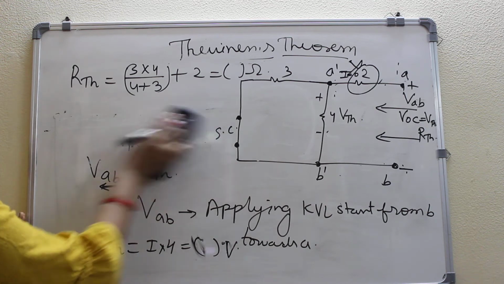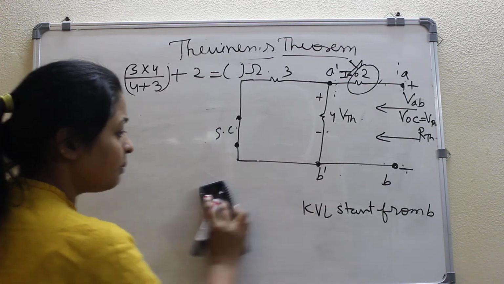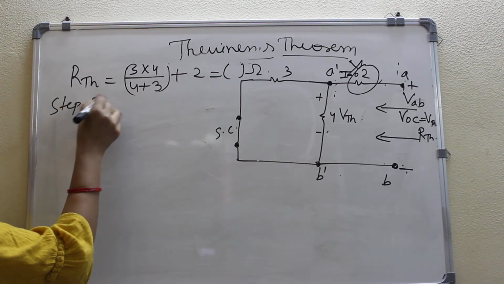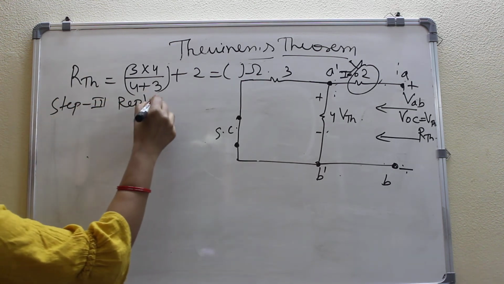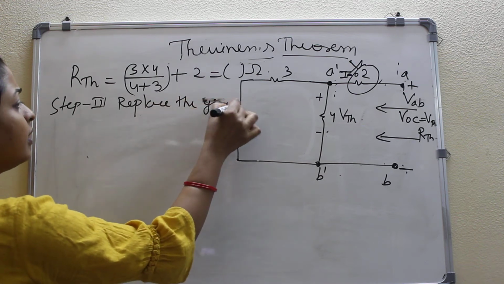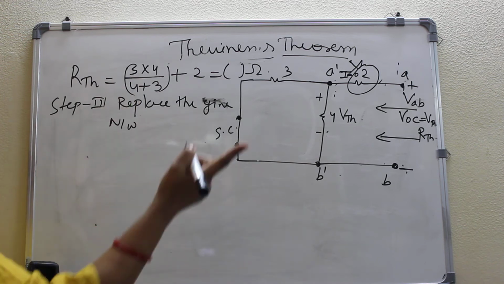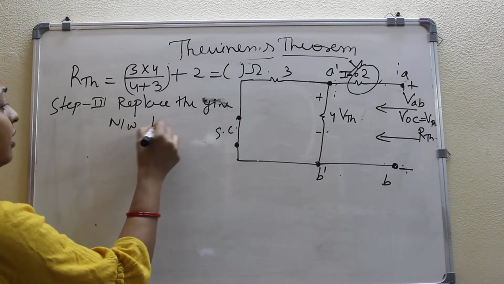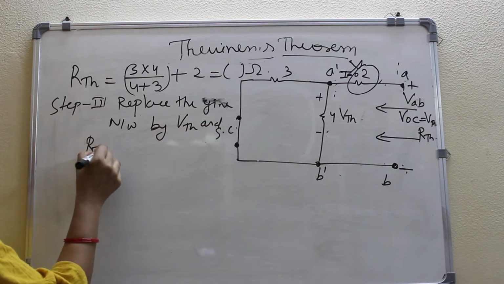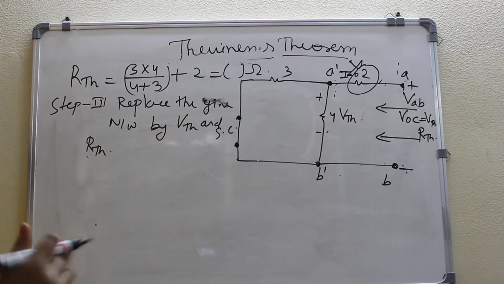Now step number 3. Step number 3 says replace the complete network, the given network which was initially given to us, by VTH and RTH, which we have calculated in the previous step.